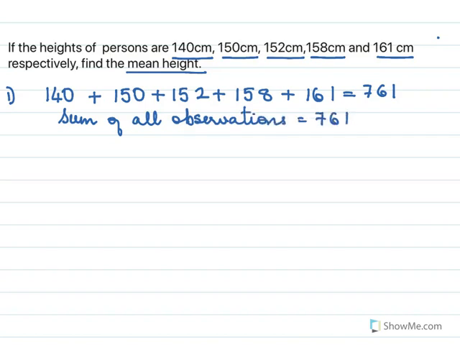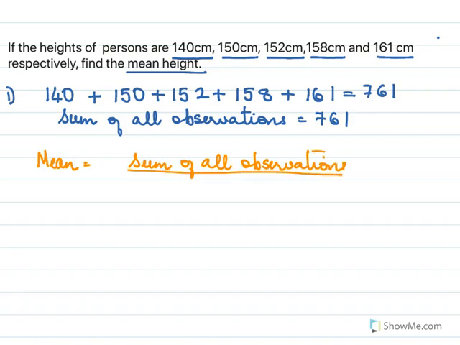So the sum of all observations equals 761. Now when we find the mean, the formula for the mean is sum of all observations divided by the number of observations.